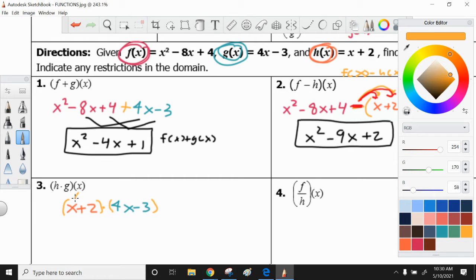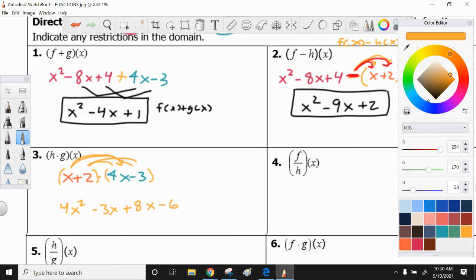You use FOILing, of course. So it's all old stuff here. 4x squared minus 3x plus 8x minus 6. All right, just a little bit of FOILing. We need to combine those middle two terms. And our answer would be 4x squared plus 5x minus 6.